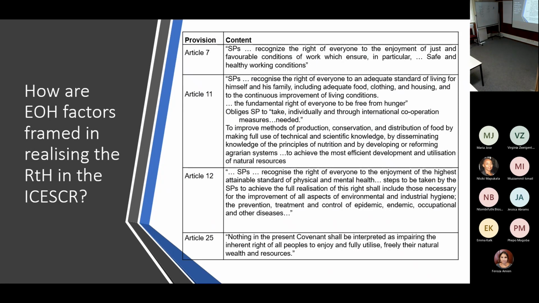And also Article 25, which requires that nothing in the present covenant shall be interpreted as impairing the inherent right of peoples to enjoy and fully utilize freely their natural wealth and resources. So that is where our environmental and occupational health factors are mainly covered in the covenant.